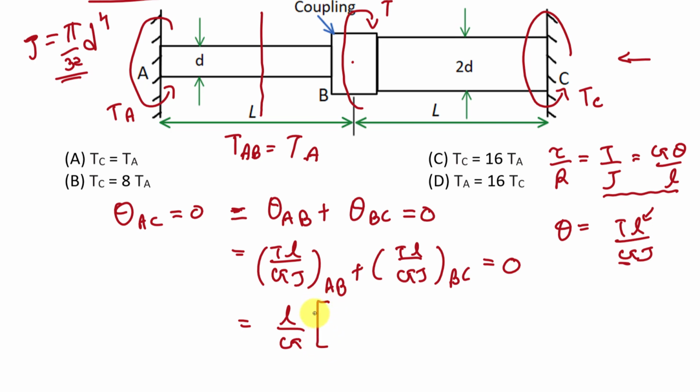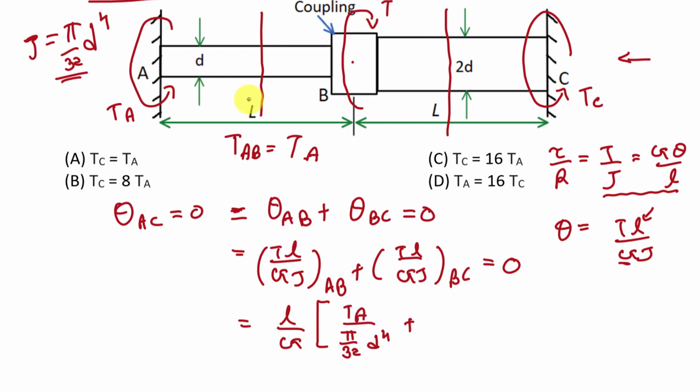So here in the bracket it is TA divided by J for this shaft, which will be pi by 32 into d raised to 4, plus what will be the value of T for this shaft. To find out T for this shaft, we will take one section in this shaft and we will take summation of all the moments left side of this section, and on the left side there are two twisting moments.